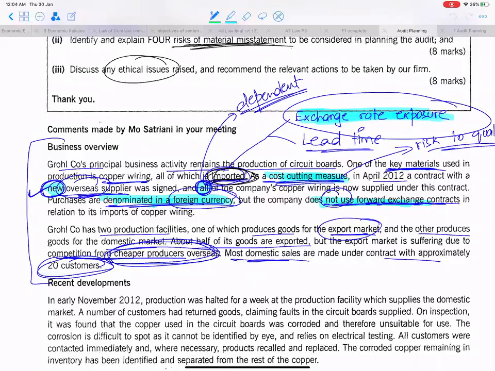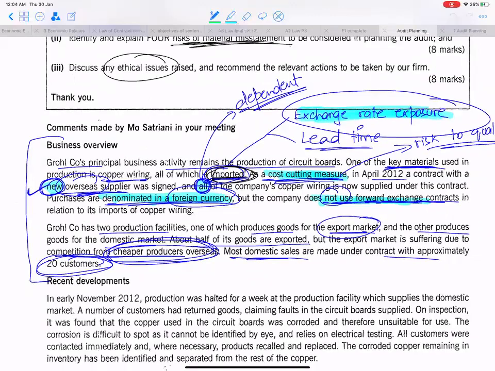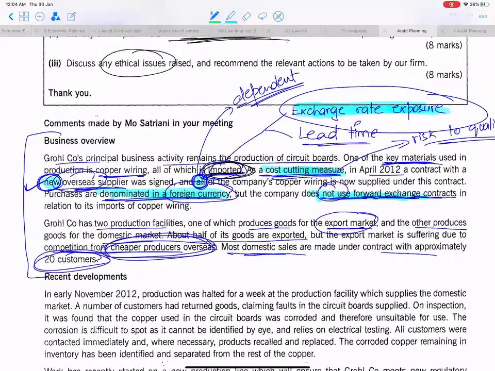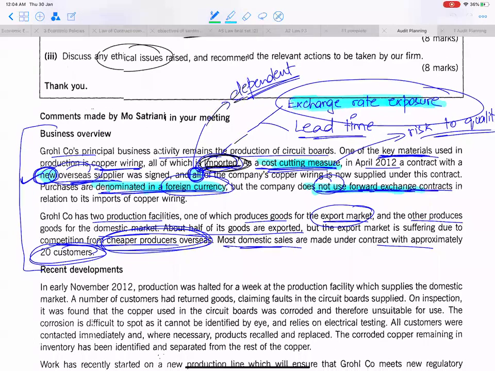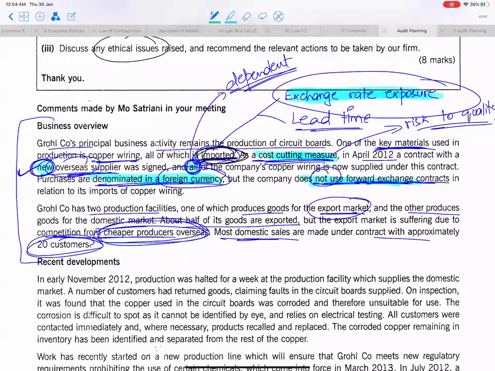Like you identified the risk of cost-cutting measures. That cost-cutting measure is a risk of quality. Now you can find some good points relating to quality also. Like if we read the complete question, we have a reference of an accident. So obviously, if we'll write risk to quality earlier, we will not be able to give the reference of that accident.